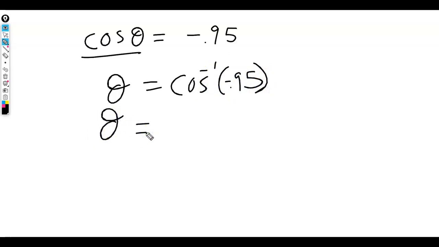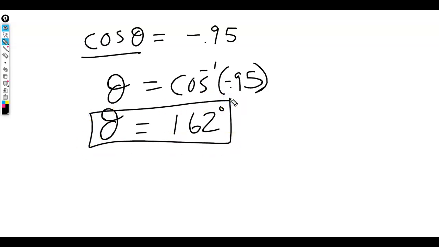So once again, you're just going to find the arc cosine of negative 0.95 on your calculator. Punch it into mine now, and I'm getting 162 degrees. Remember, I'm rounding to the nearest degree. So there's step one. Just use your calculator to find the first answer.